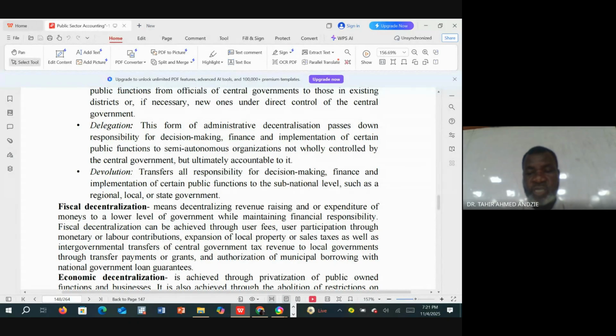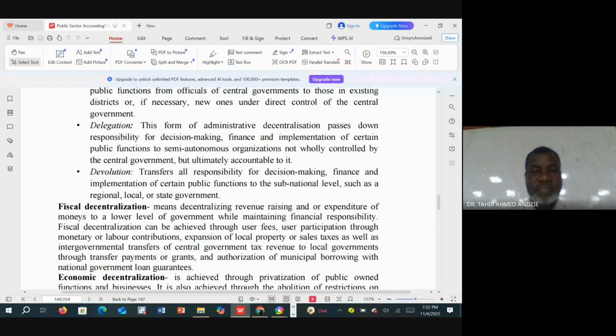For example, if you go to Nigeria, where we have states, the federal states are given power. This is a devolution. If you come to Ghana, for example, we have the regional coordinating council and the legislative assembly. So some responsibility regarding decision making, finance, and implementation of certain public functions are just given to the various subnationals. So these subnationals will be either the regional coordinating council or local government.